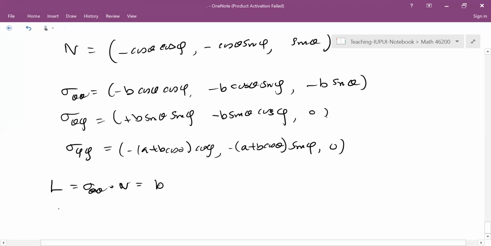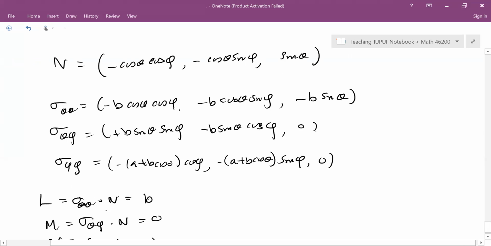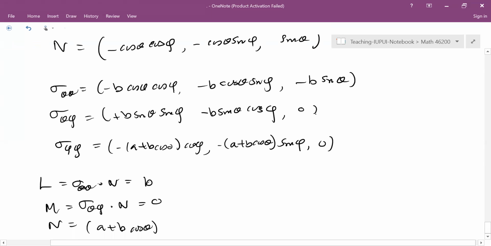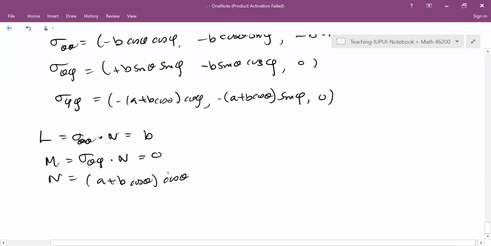And the M, I think it's going to be 0. Sigma theta phi dot n is going to be 0. The reason is I have opposite sign and that canceled out. And a little bit tricky here, it's going to be a plus b cosine theta. I think I have another cosine theta from here, cosine theta. So those are the L, M.